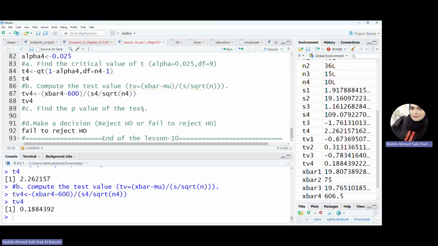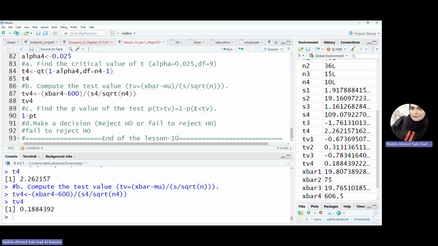If we want to find the p-value for the right tail, it is the probability that t is greater than the test value. That is the same as 1 minus the probability that t is less than the test value. We cannot get a probability for more than directly, so we use the complement rule.